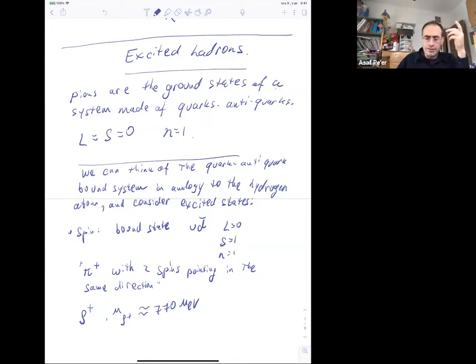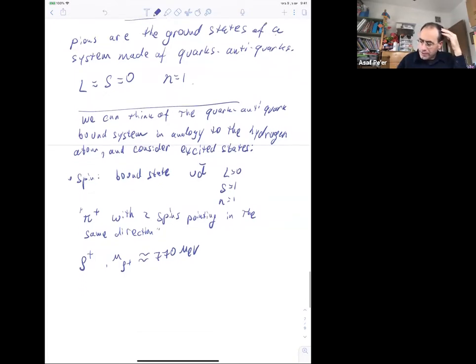Now in hadrons, it's analogous, but the interaction is chromomagnetic, right? So it's much stronger. So it's not a hyperfine. In atoms, we're seeing very small splitting, but the difference in the masses between the rho particle and the pion is very strong, right? It's very large.